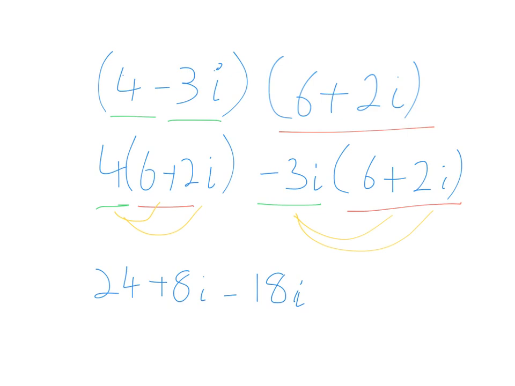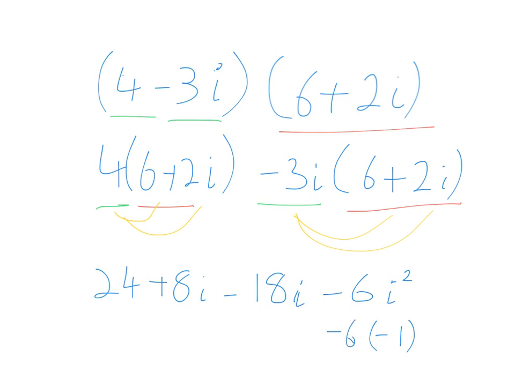Then minus 3i times plus 2i is going to be the tricky part. So a minus times a plus will give us a minus. 3 times 2 will give us 6. And i times i is going to give us i squared. Now, like we saw in the last example, i squared simplifies to being minus 1. So we just need to keep that in our heads.